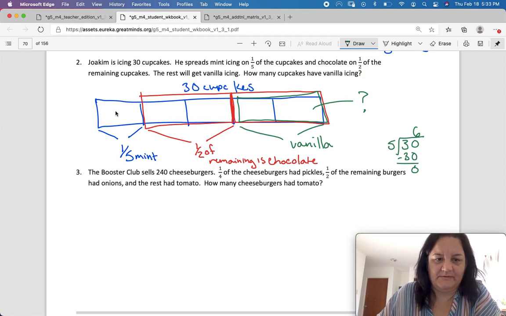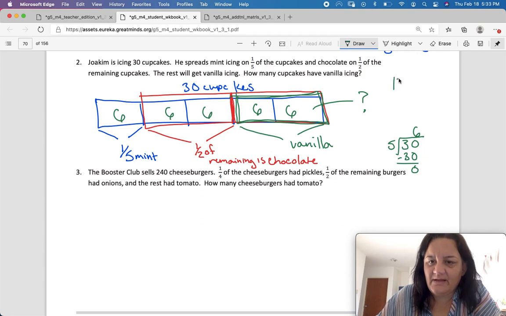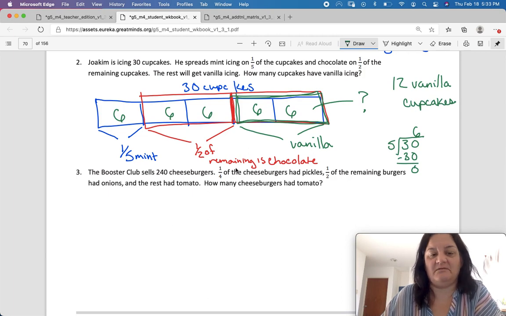So 6, 6, 6, 6, and 6. Now I can count how many were vanilla by just adding 6 plus 6. So 12 vanilla cupcakes. That one was not hard at all.